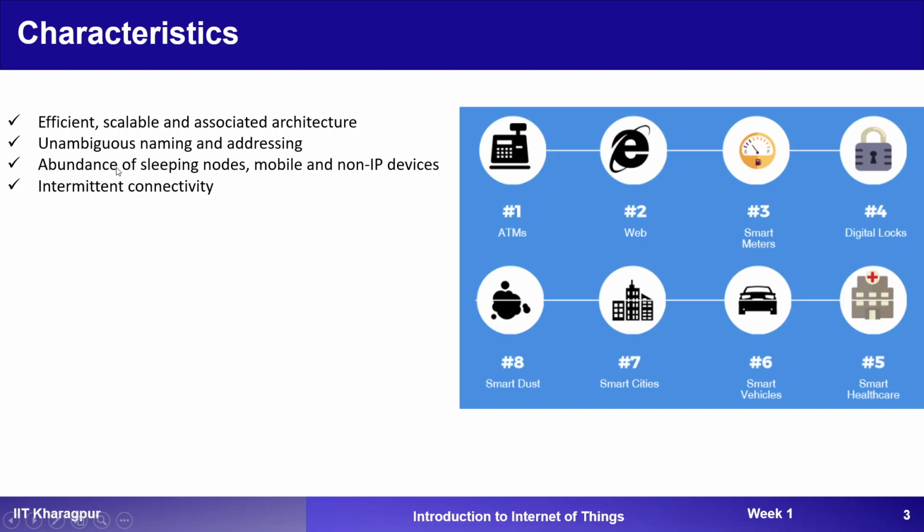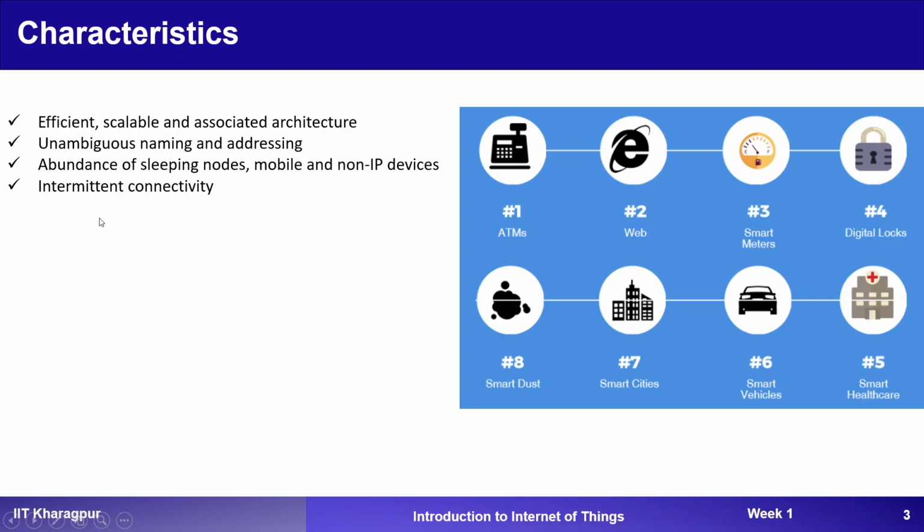The next point is abundance of sleeping nodes, mobile and non-IP devices. In IoT there is an abundance of sleeping nodes. So what exactly is a sleeping node? Sleeping nodes are nodes which are not active at a particular time. Whenever required, these devices become active, do their work, and whenever their work is done, they go back to sleep mode. There are lots of massive sleeping nodes present, mobile nodes which can move from one place to another, and non-IP devices, which do not have IP addresses associated with them.